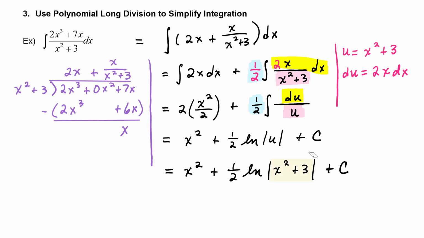Because we actually know something about the quantity x squared plus 3, in that we know that it's always going to be positive. So since x squared plus 3 is greater than 0 for all values of x, we can drop the absolute value symbols.